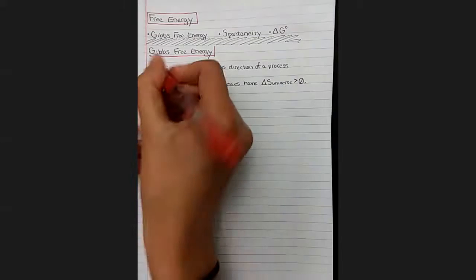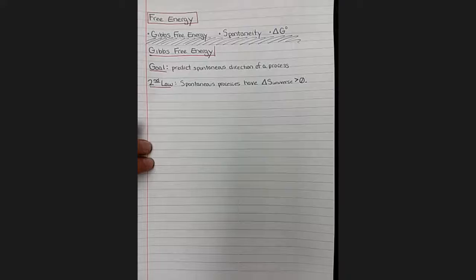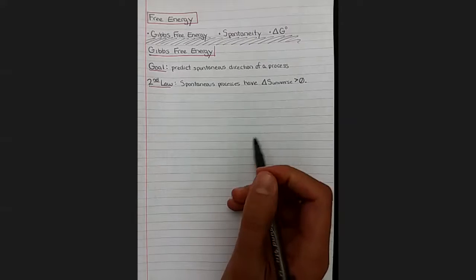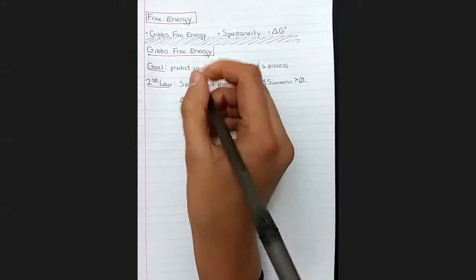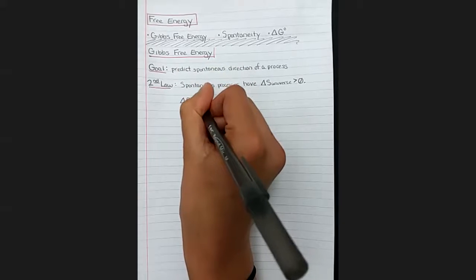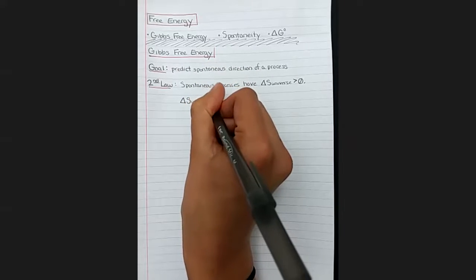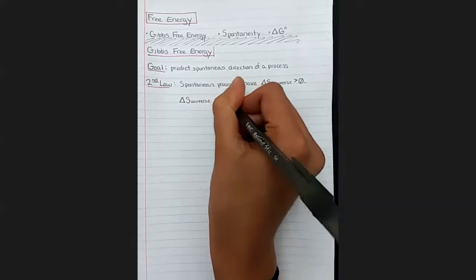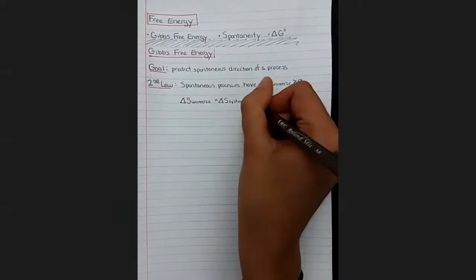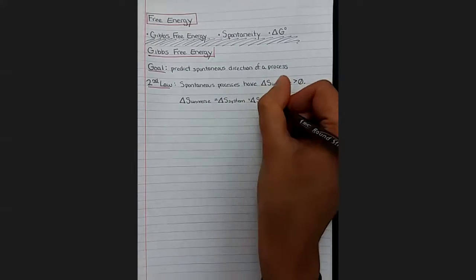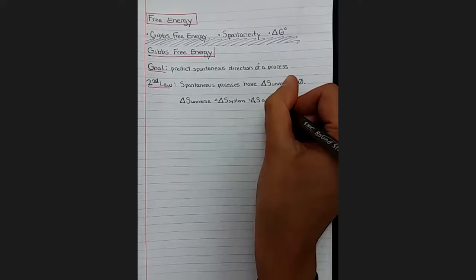There's always going to be a positive universal change in entropy. And we wrote that out like this. So we said that the delta S for the universe equals the delta S for the system plus the delta S for the surroundings.